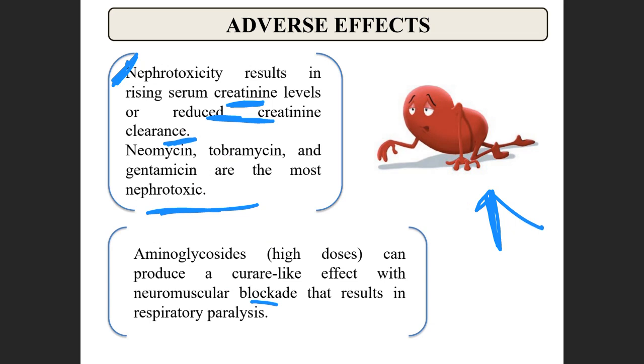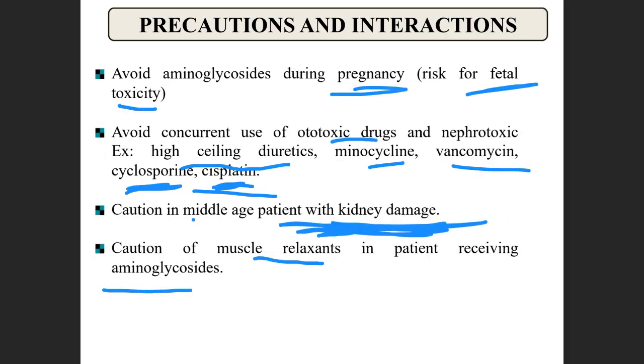Precaution has to be taken during pregnancy, if a patient is taking medications like high ceiling diuretics, if a patient has renal damage, and if a patient is receiving muscle relaxants. Combinations of these drugs with aminoglycosides have to be avoided to prevent interactions.